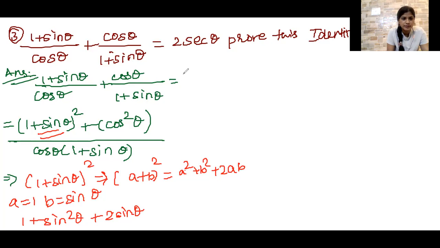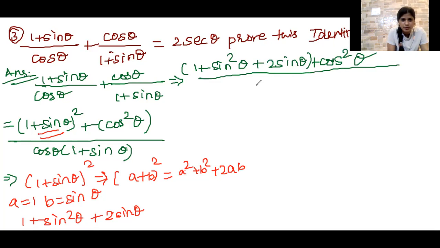I do that, this will become 1 square plus sine square theta plus 2 sine theta plus cos square theta. And in the denominator, you do have cos theta into 1 plus sine theta.